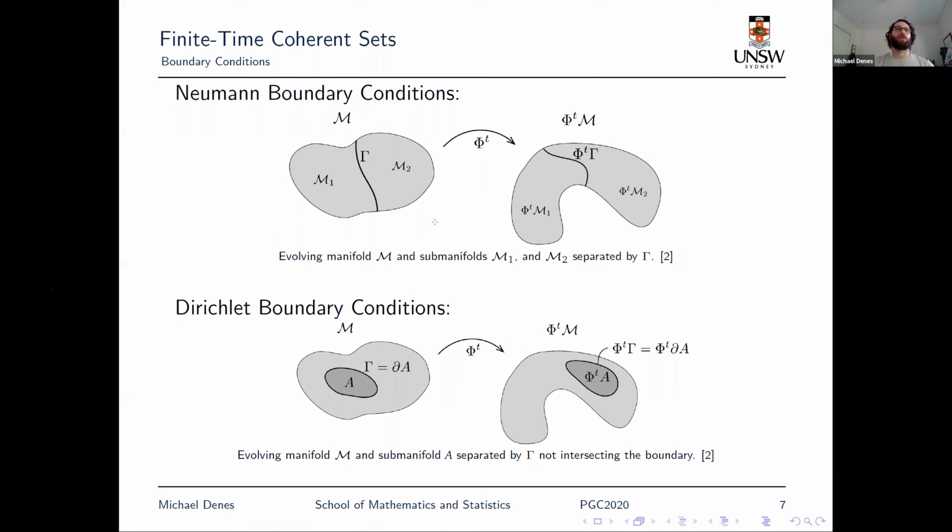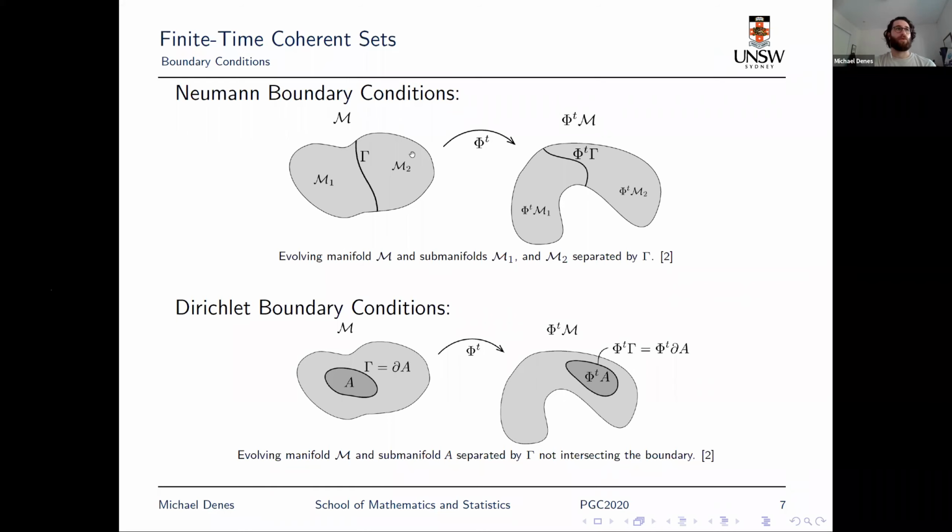And what we're trying to do is find a boundary or a codimension 1 manifold, so a manifold of dimension 1 less than the actual manifold. So in this case, think of a line that splits our boundary such that the length of that cut divided by the volume is minimized.